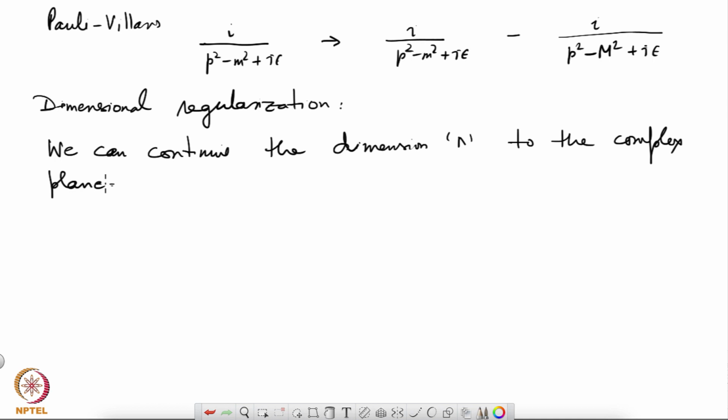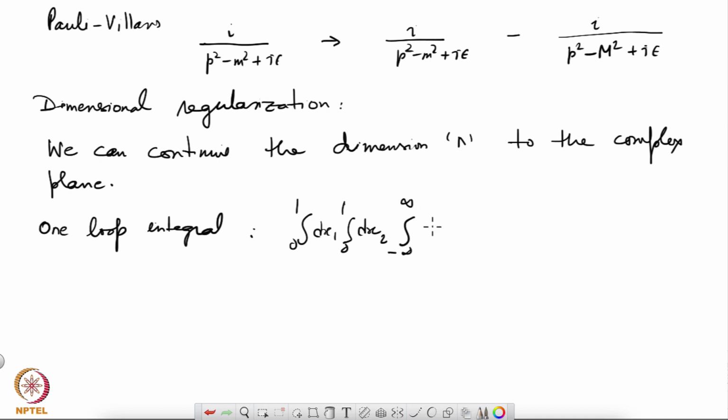So we have seen that one loop Feynman integrals are of this form. Earlier I had written only with x, not two Feynman parameters x1 and x2, because I had used up the delta function already in writing down the expression. But if you keep the delta function, then you get the following.